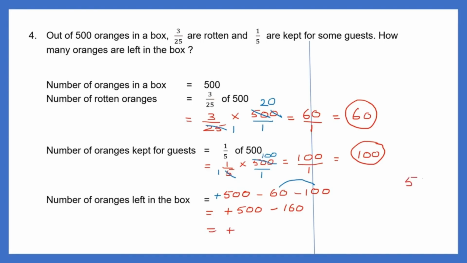So 500 minus 160. 0, let me borrow. 10 minus 6 is 4. 4 minus 1 is 3. Plus 340 is the answer. So, how many oranges are left in the box? 340 oranges are left in the box.